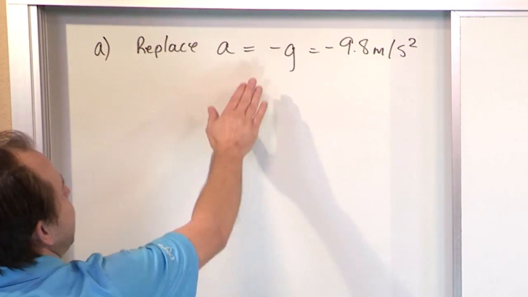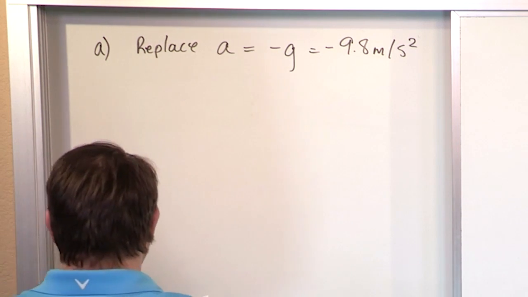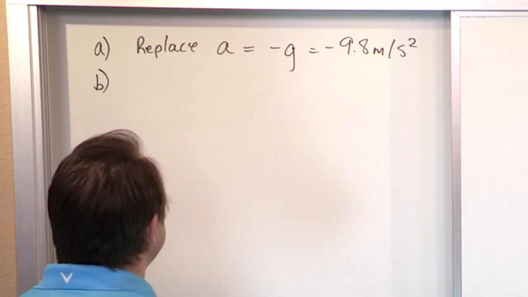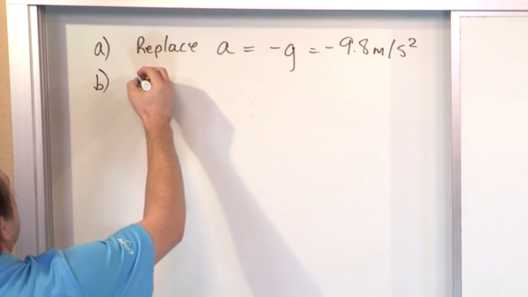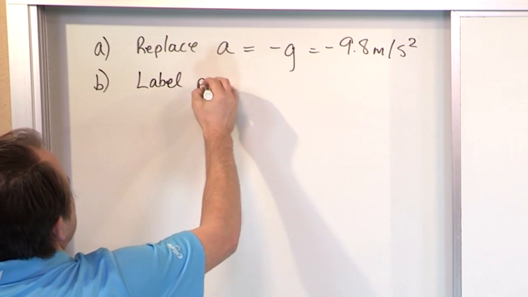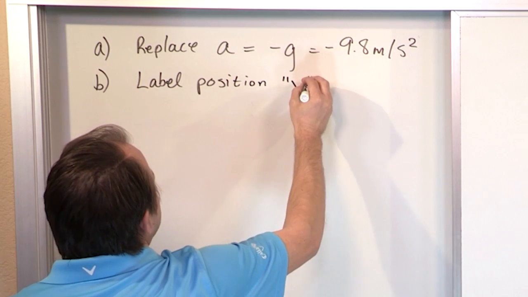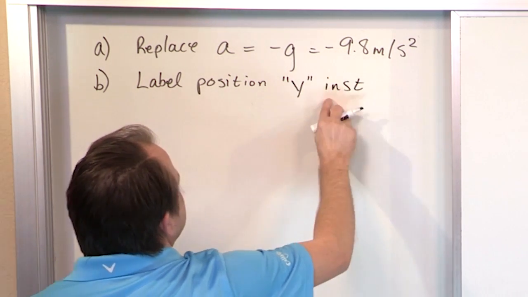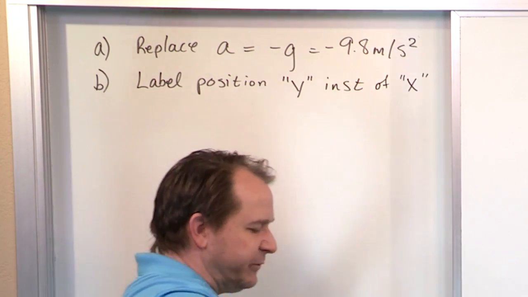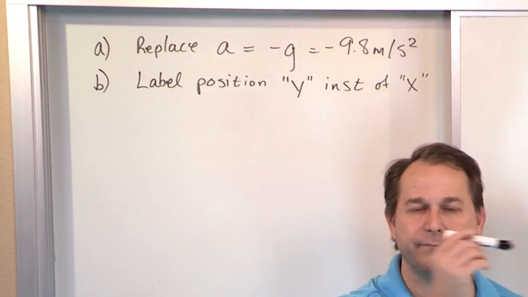That's how we're going to do it, and that's why we have a negative in front of the 9.8 meters per second squared. The other thing we're going to be doing in order to change our regular equations of motion into free fall equations is we're going to label position using the variable y instead of x. And that's just a convention, because typically before, when we're talking about cars going or something like that, it's horizontal motion.